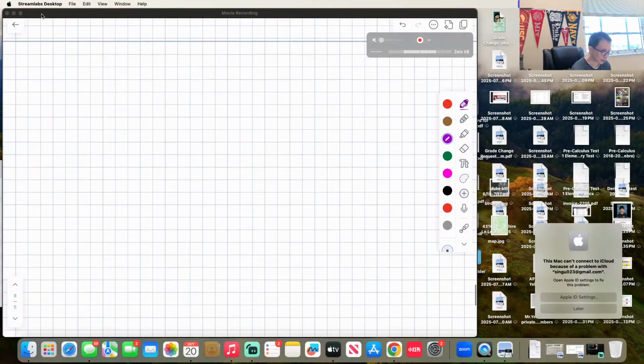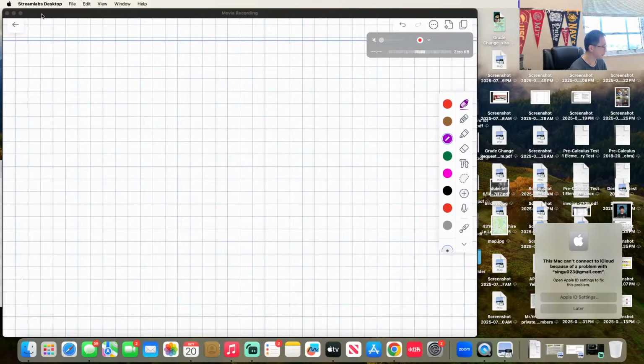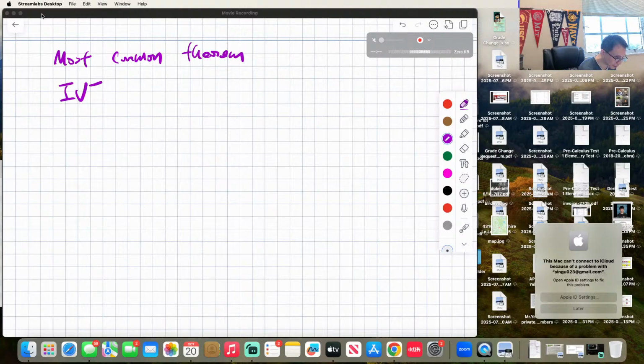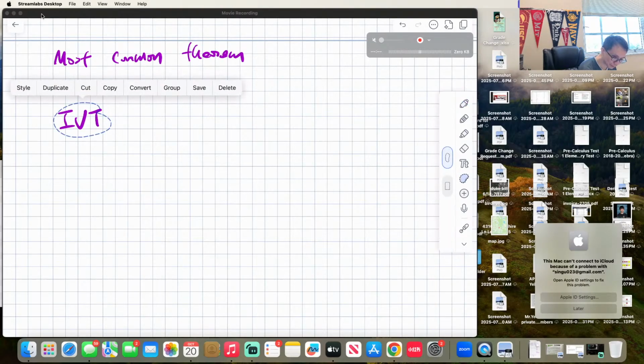Now let's start with talking about the most common theorem on the AP exam. The most common theorem is IVT, intermediate value theorem. It's rank number 2. Sorry, I'm going to rank them.